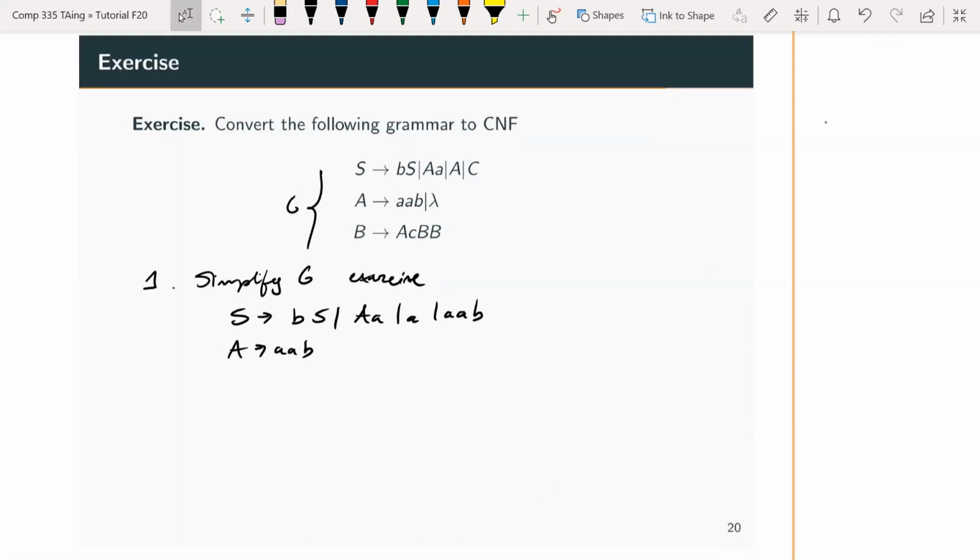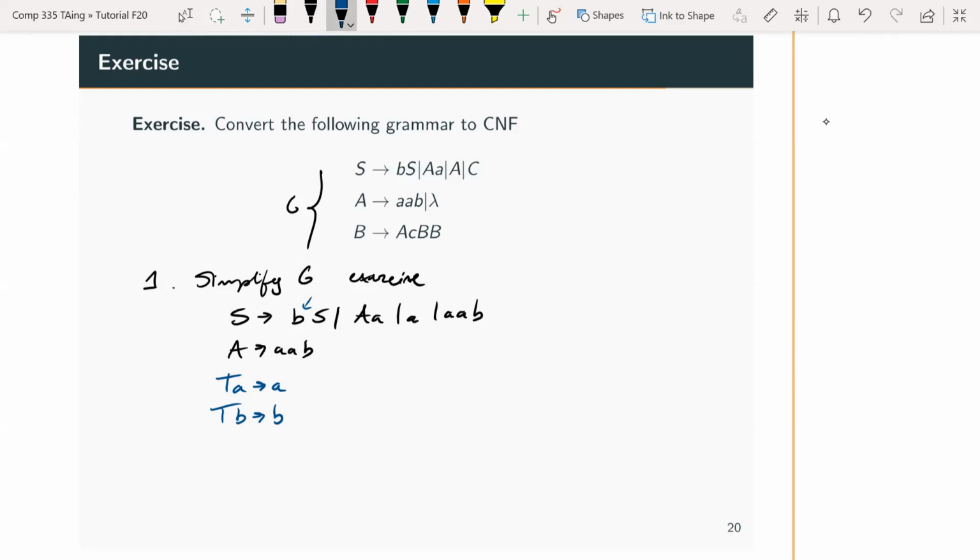So what's the second step? The second step is I'm going to add the terminal productions. T_a gives me a, and T_b gives me b, right? Hopefully so far so good. The next thing I'm going to do, I'm going to replace everywhere I see terminals that are violating the CNF, I'm going to replace them with variables.